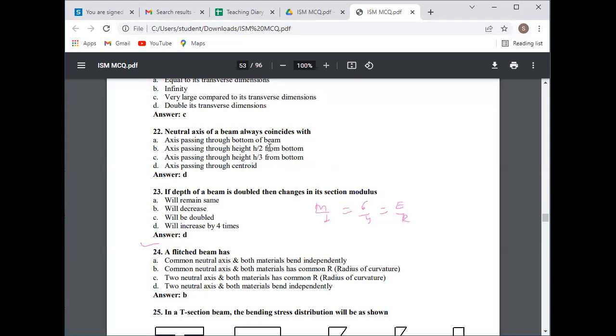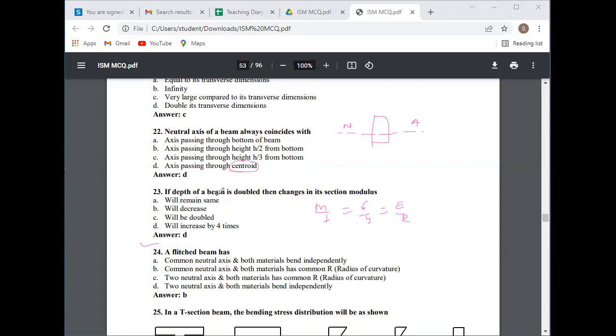Neutral axis of a beam always coincides with the axis. See, what is the neutral axis? Suppose this is our rectangular section, then the neutral axis passes through the centroid. So the neutral axis will pass through the CG. Not h by 2, not h by 3, and not through the bottom of the beam. The neutral axis passes through the centroid.